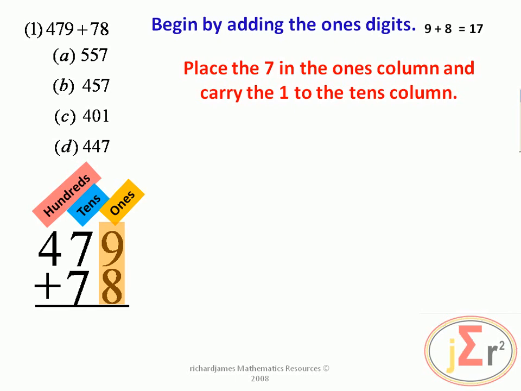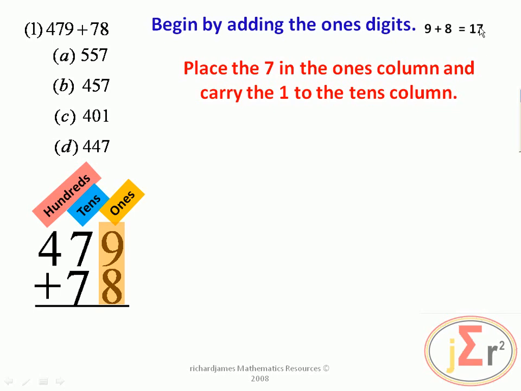And it is for us to understand that when we have a sum in the ones column of 17, the 7 will go exactly in the ones column. But the 1 is a digit of greater significance, and its place value, not the value of the digit, but its place value is 10 times the place value of the one that we have here.